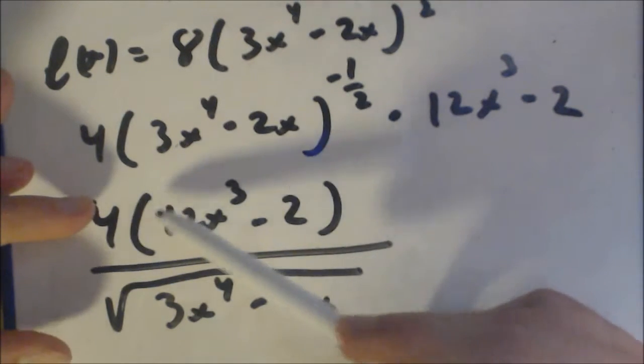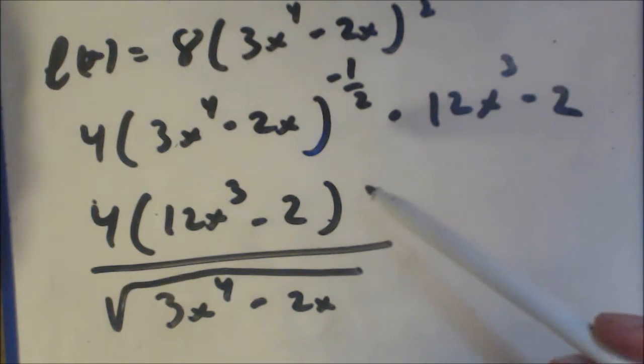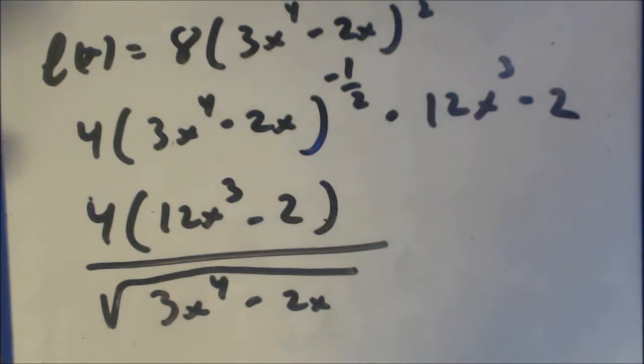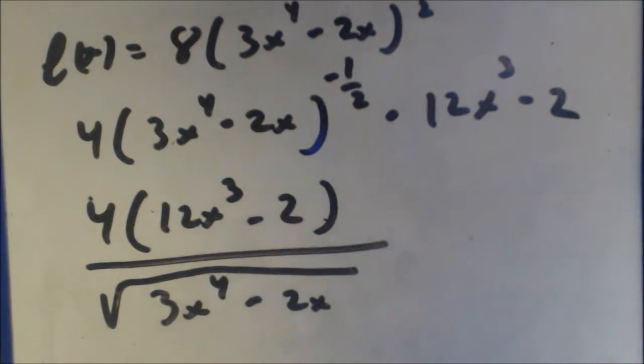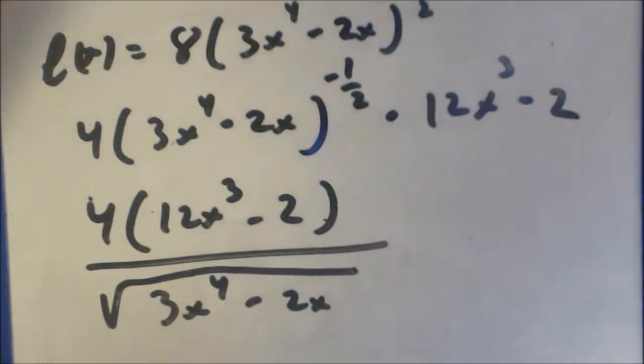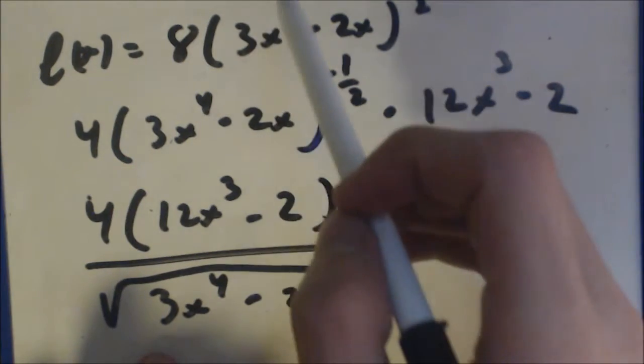Then you can technically distribute this. I wouldn't, because if you were trying to find the equation of a tangent line, like I showed you before, it's actually easier to solve it this way. It depends on the problem, what x they give you, but you get what I mean. So this is the derivative using the chain rule of this right here.